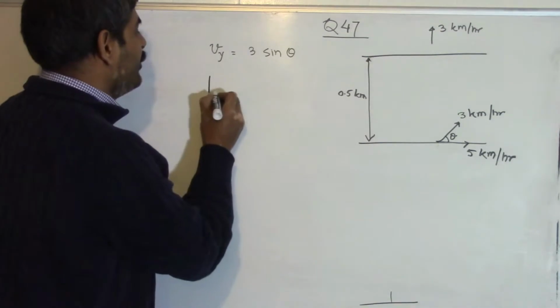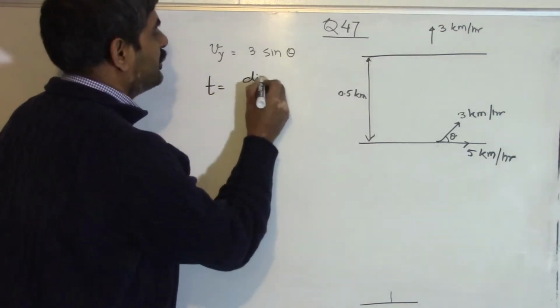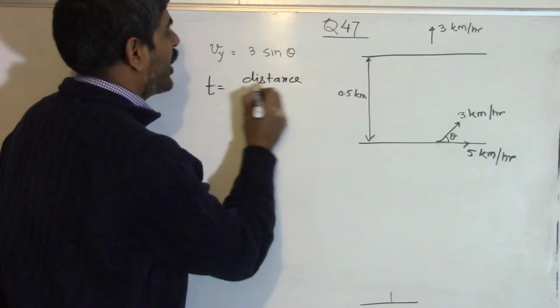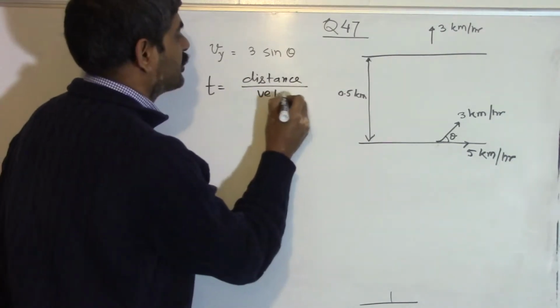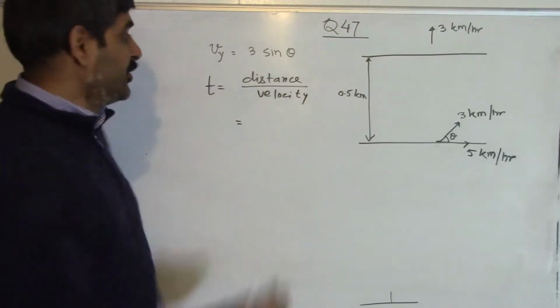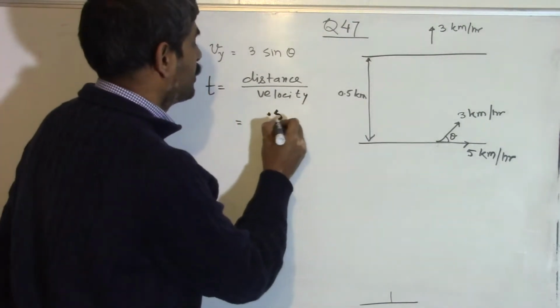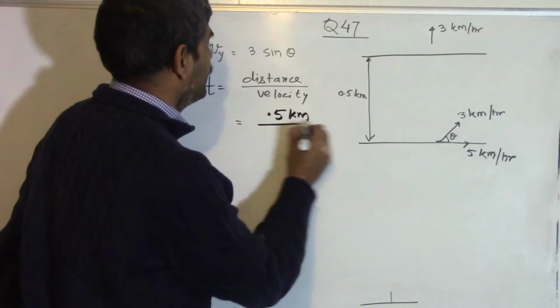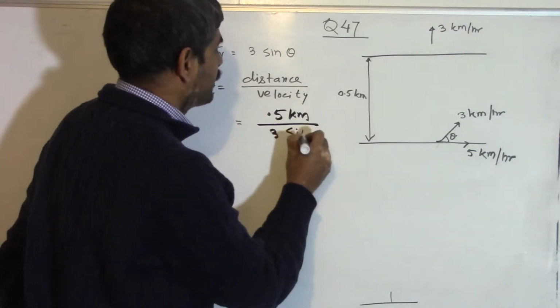Now this time will be equal to distance divided by velocity. And the distance is 0.5 kilometer, and the velocity is 3 sine theta.